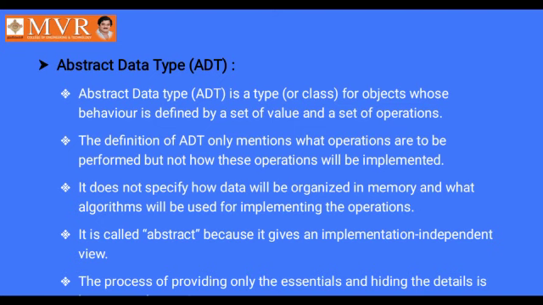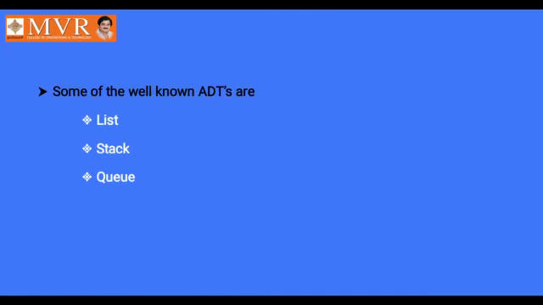That is, I hide the internal details. I just show them the data types. This process is known as abstraction, so it is named an abstract data type. Some of the well-known abstract data types are list, stacks, queues, etc.